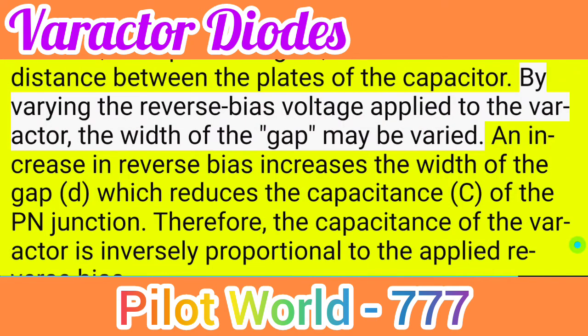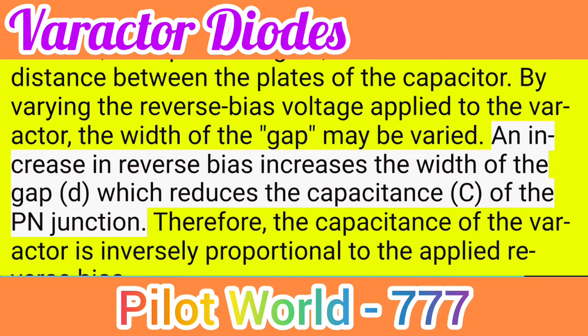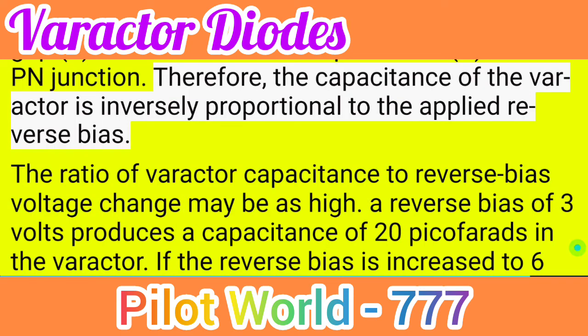By varying the reverse bias voltage applied to the varactor, the width of the gap may be varied. An increase in reverse bias increases the width of the gap D, which reduces the capacitance C of the PN junction. Therefore, the capacitance of the varactor is inversely proportional to the applied reverse bias.